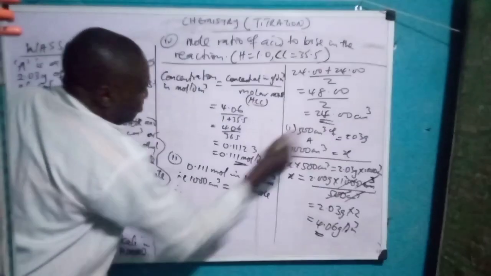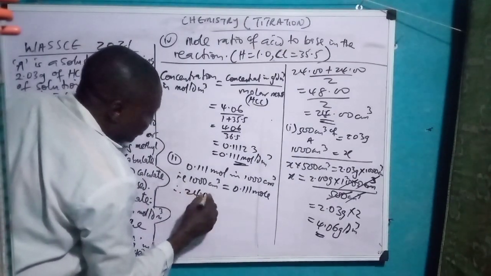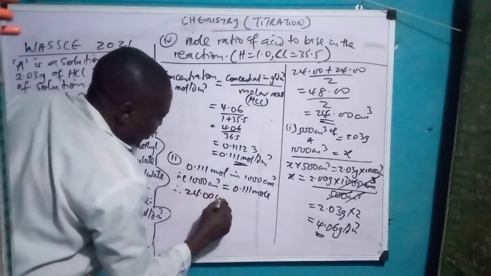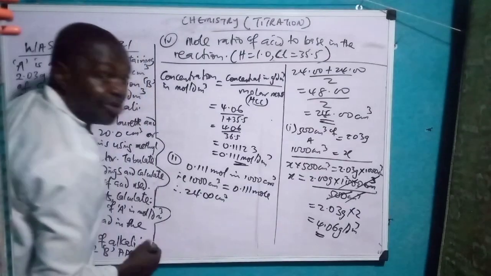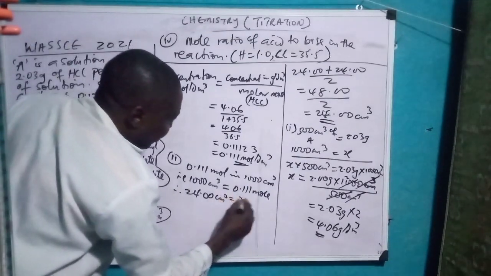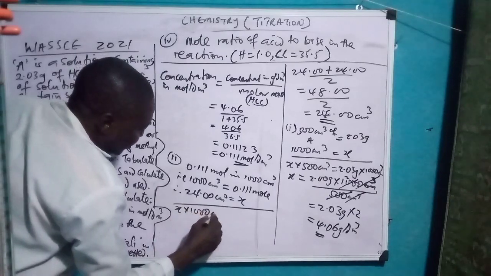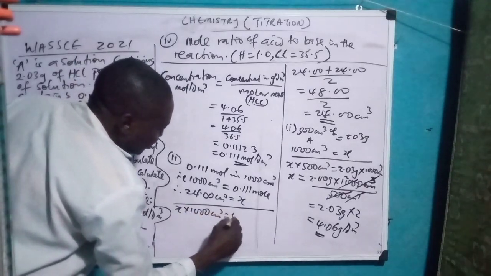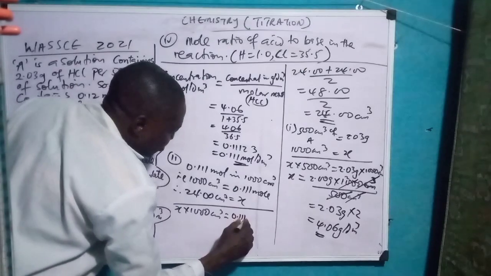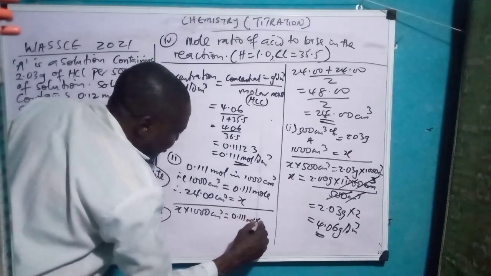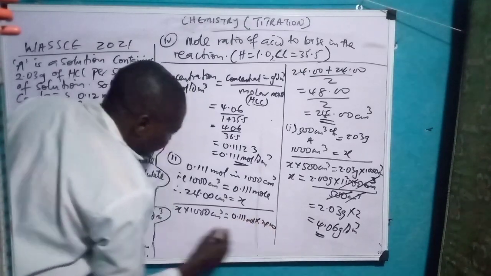Therefore, 24.0 cm³, I'm quoting it exactly, you call it correct substitution, equals S. Now S times 1000 cm³ equals 0.111 mole times 24.00.